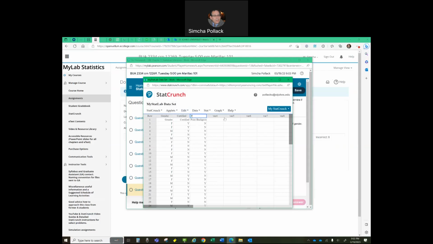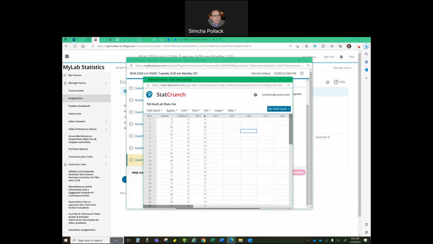Let's call it prior. Then we have to get rid of row 1. Most of the time this is done automatically for you, but there's a mistake in the program, so let's delete the row. Now the data is in proper format.